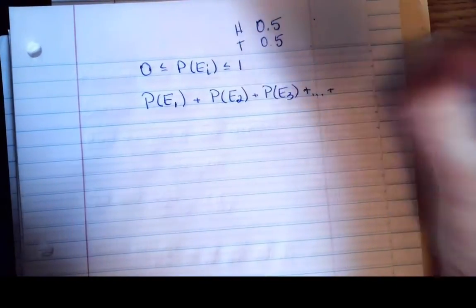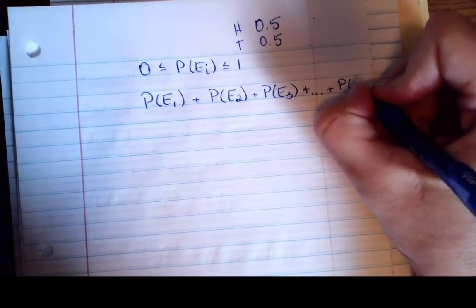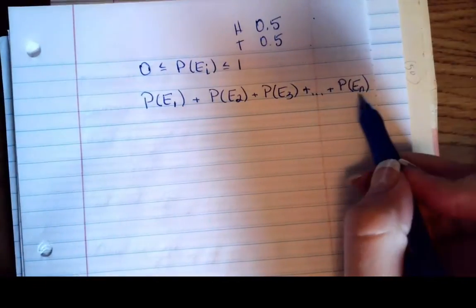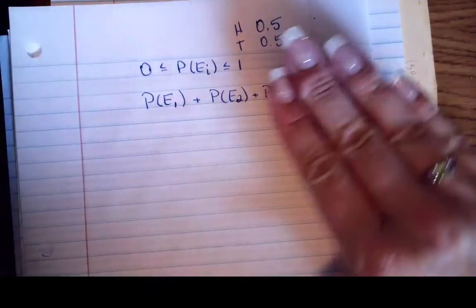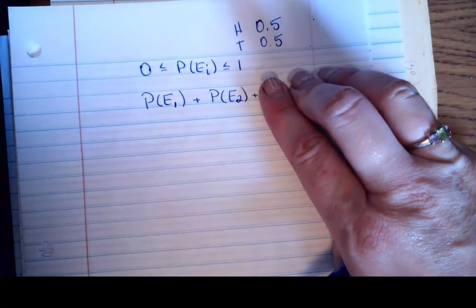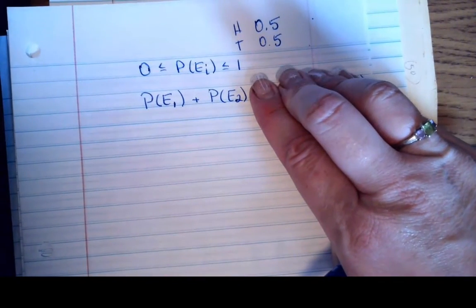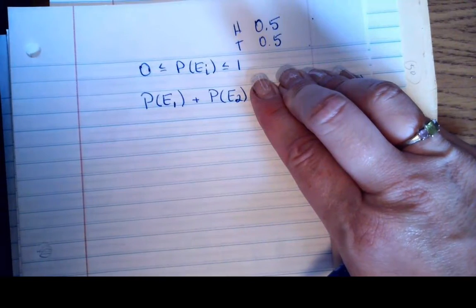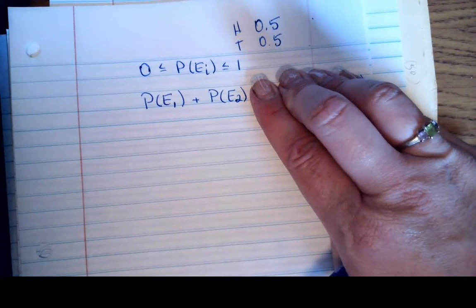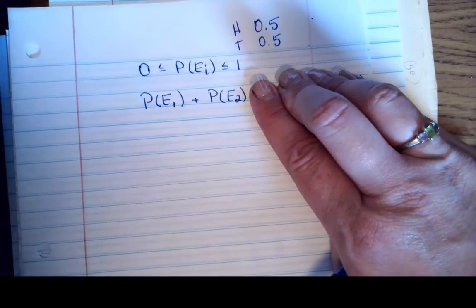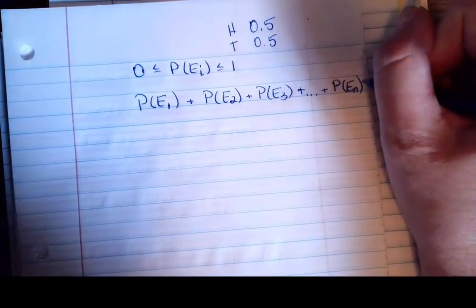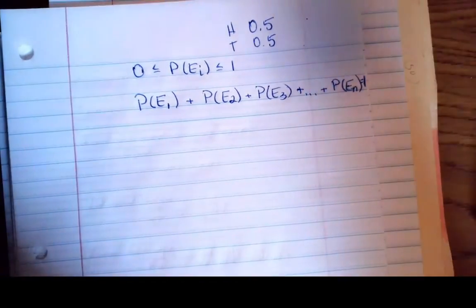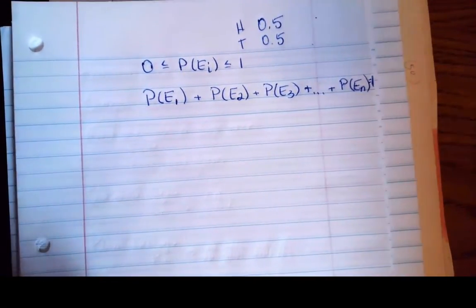I'm going to say the probability of however many elements are in my sample space. In this case, with our heads and tails, we would only have these two probabilities. The probability of event 1 is 0.5 plus the probability of event 2, which is 0.5. When you add those together, you get 1. So it's 100%. Everything is going to happen. All of these add up to equals 1. Sorry.